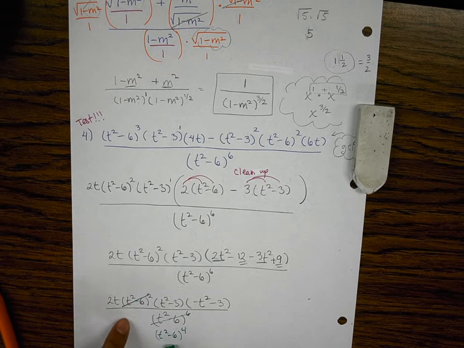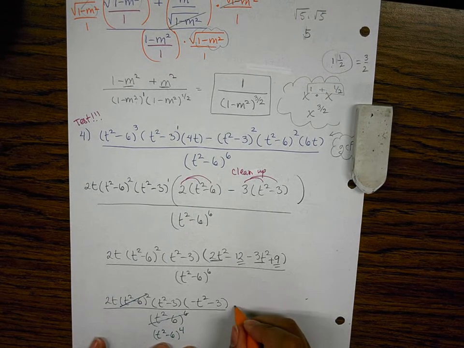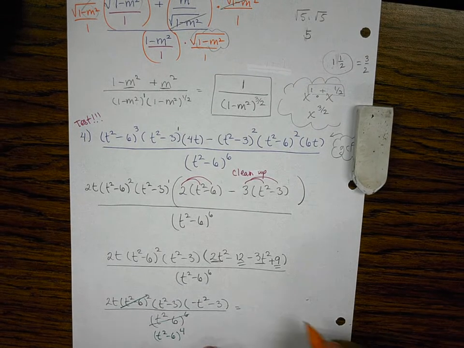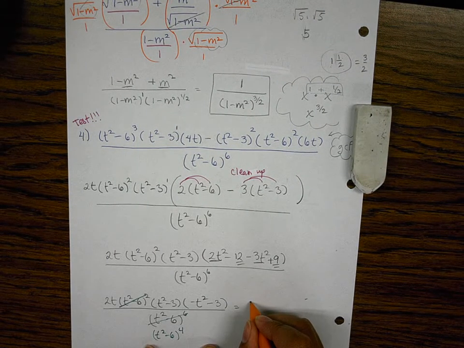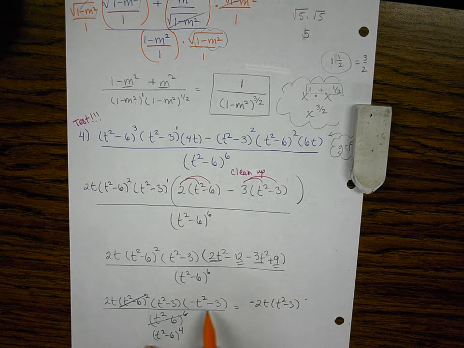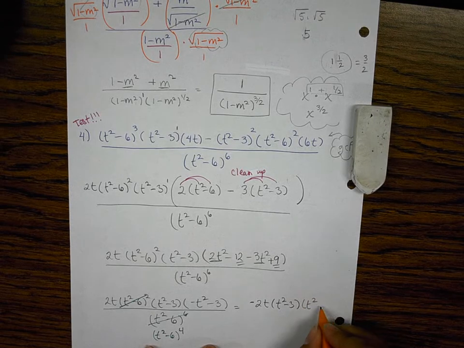So t squared minus 6 raised to the fourth power. Do you see that? Reduce, this one's gone completely. This one becomes fourth power when you subtract 6 minus 2. All right, so again, you can leave the negative in or take it out. I'm going to show you what it looks like if I GCF it. I'm going to put in the front 2t, t squared minus 3.